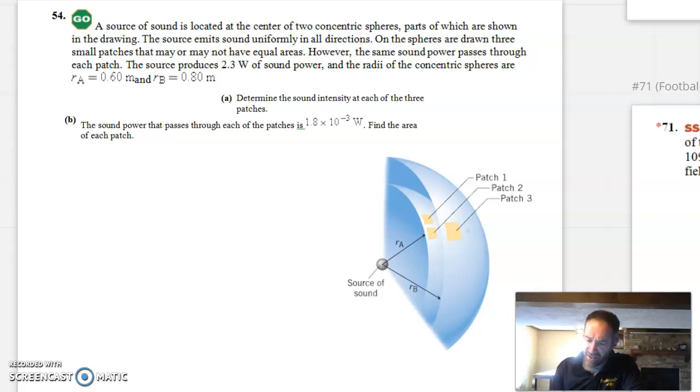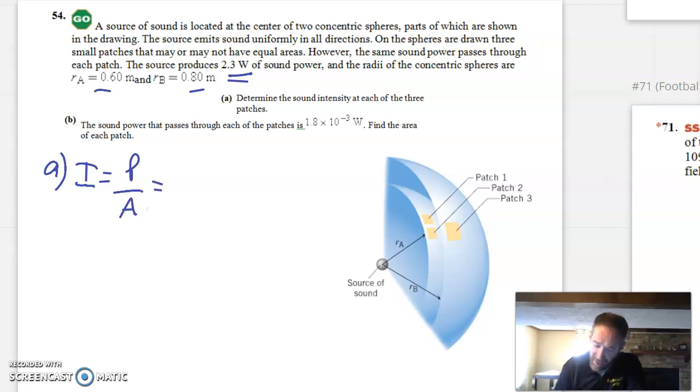And so it says that the sound source is producing 2.3 watts, or 2.3 joules every second, of sound power, and we have the radii as 0.6 and 0.8 of those two. And it says determine the sound intensity in each one of the 3 patches. Well, for part A, the patch 1, its intensity is going to be the power divided by its area.